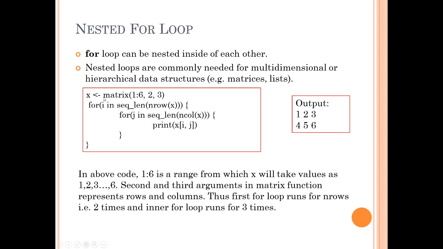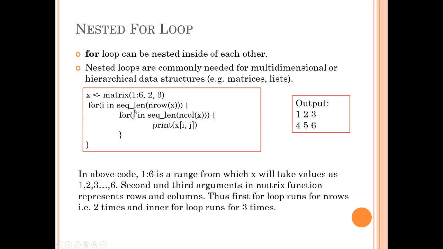Now what we are doing here is creating a matrix having values from 1 to 6, arranging those values within 2 rows and 3 columns, and calling that matrix X. In the outer for loop, we are running that loop for exactly 2 iterations.